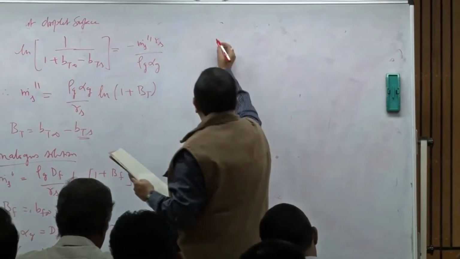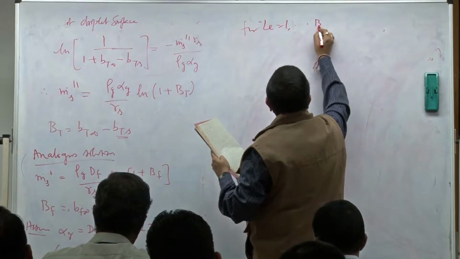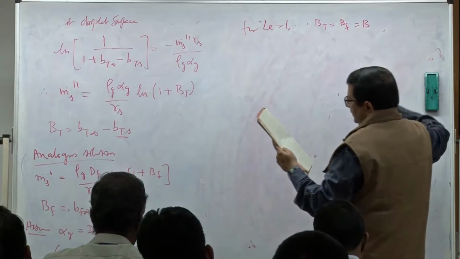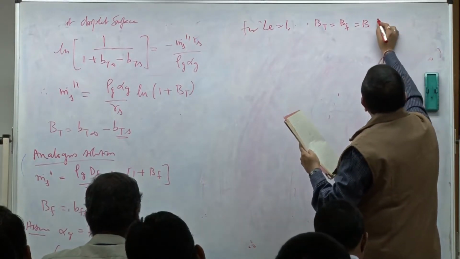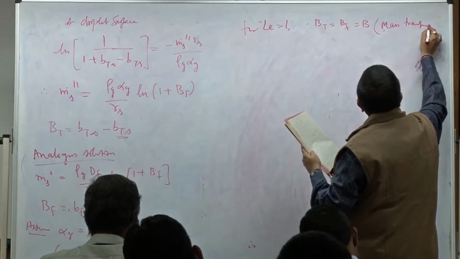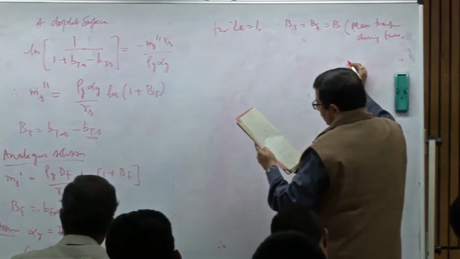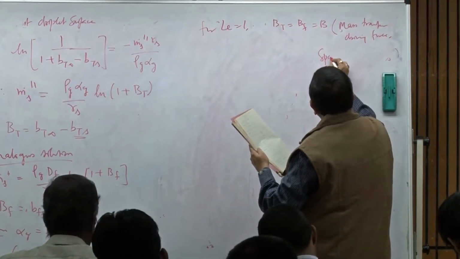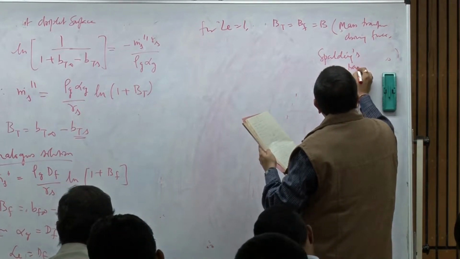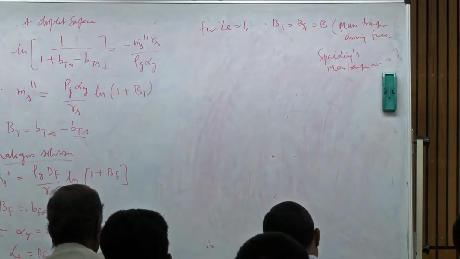So, for Lewis number equal to 1, B T is equal to B F, which is equal to B. This is called the mass transfer driving force, also called Spalding's mass transfer number.